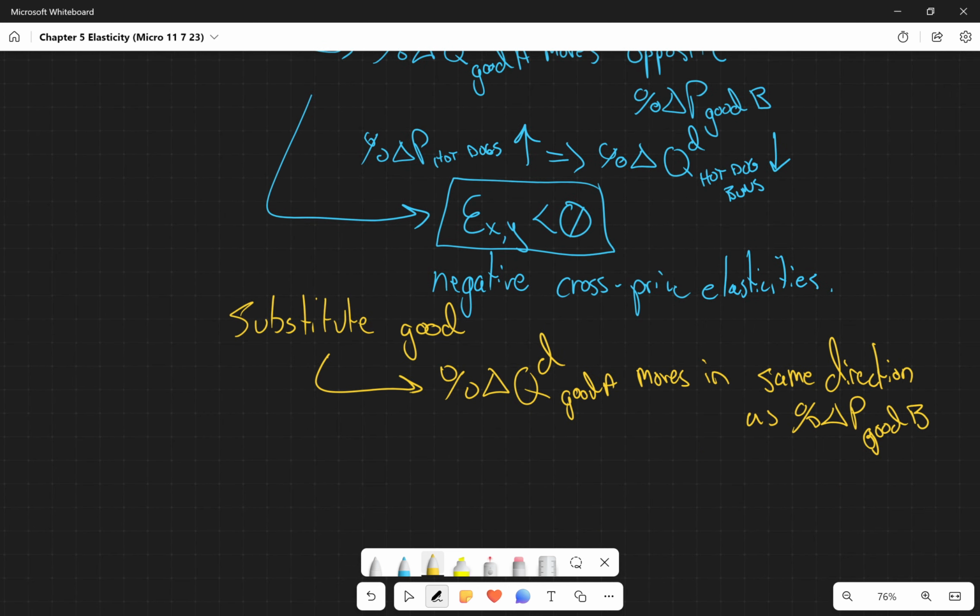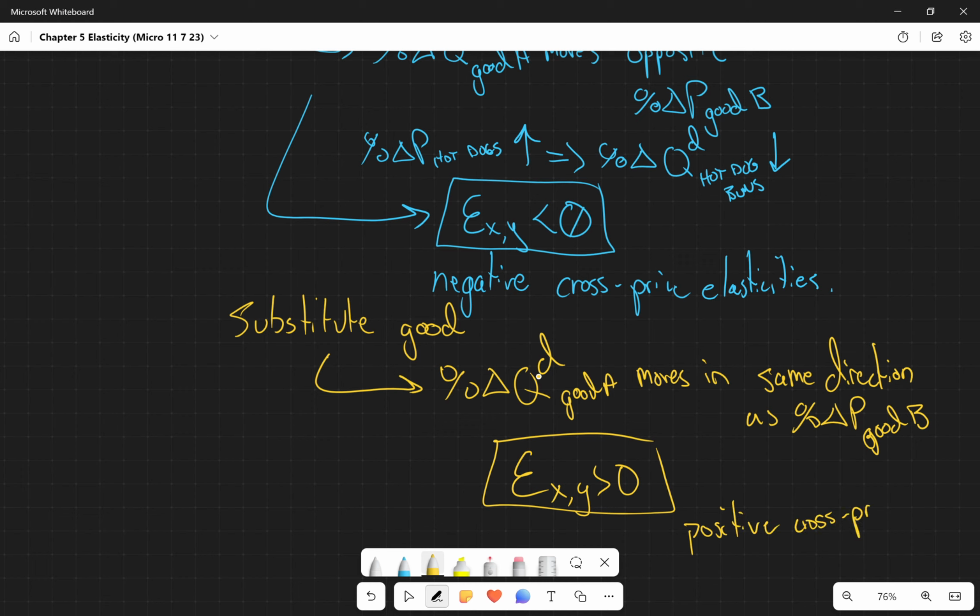So a substitute good is going to have a cross price elasticity that is greater than 0, a positive cross price elasticity.